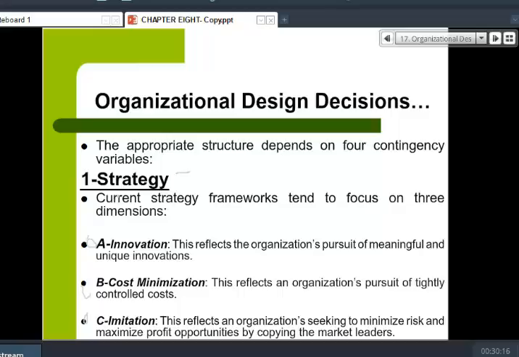Cost minimization reflects the organization's pursuit of tightly controlled costs. Imitation reflects the organization seeking to minimize risk and maximize profit opportunities by copying market leaders. So it can happen that a company tries to cut off costs, which means to reduce the cost.